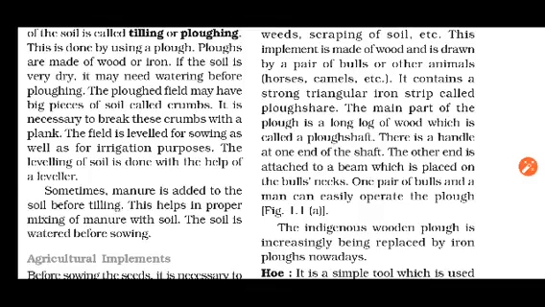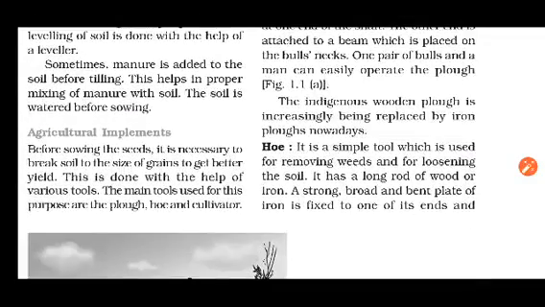The indigenous wooden plow is increasingly being replaced by iron plows nowadays. And what is happening nowadays? With the increasing technology, wooden plows are being replaced by iron plows. Now the second very important agricultural implement is hoe.